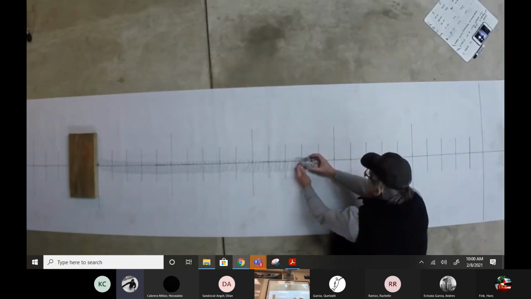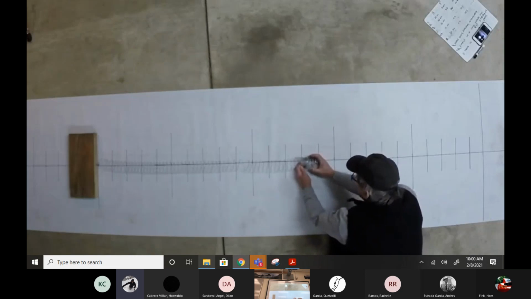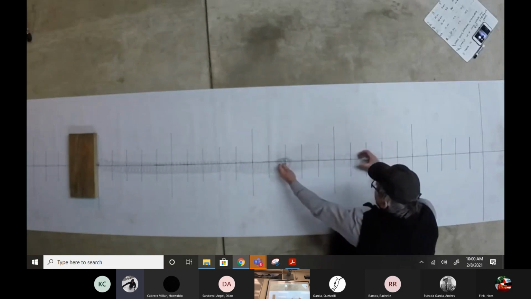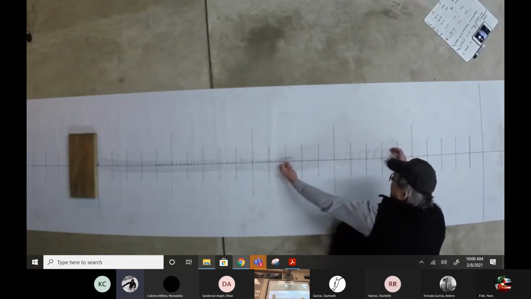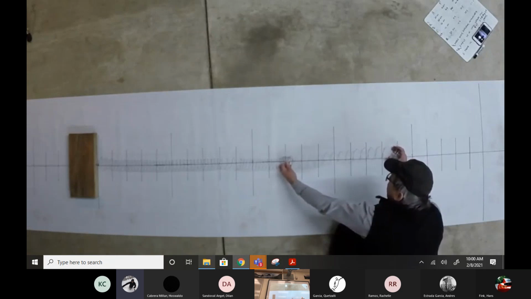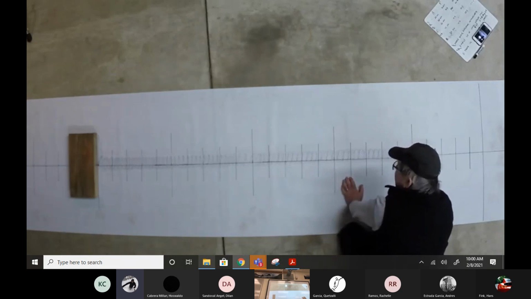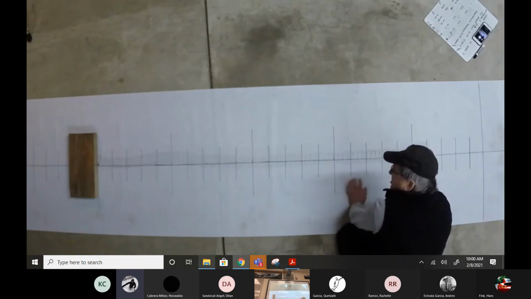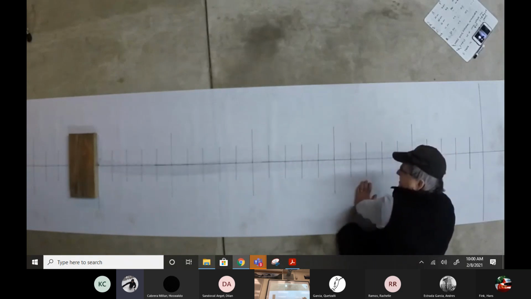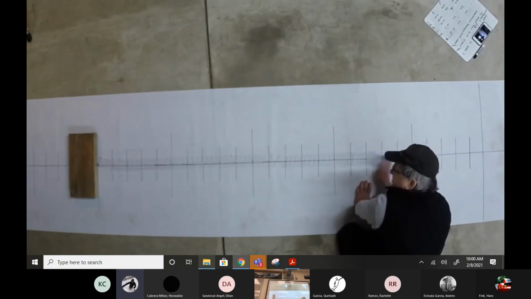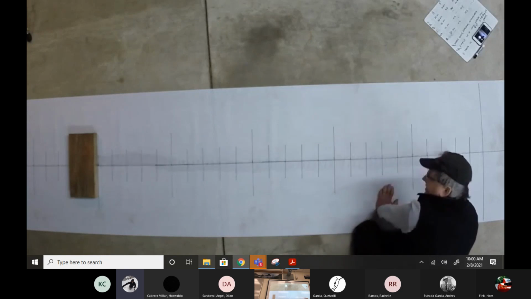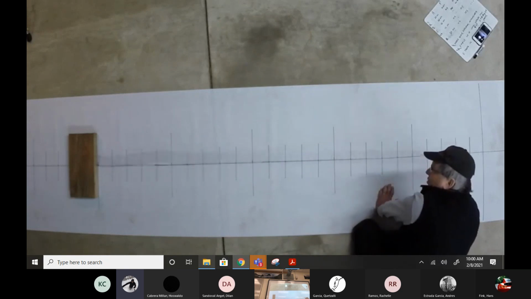The same thing happens with air molecules, with a sound. And then we have another spot where it's all stretched out, the zone of rarefaction. The molecules become more rare, I guess you could say. So this is what happens with sound waves. They get compressed and they get spread out in the zone of compression and the zone of rarefaction. And we can see that zone of compression moving down the length of the Slinky and then echoing back to me.